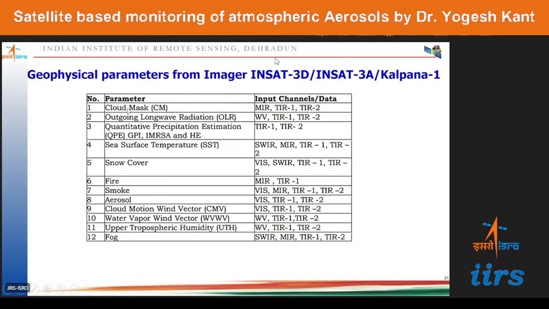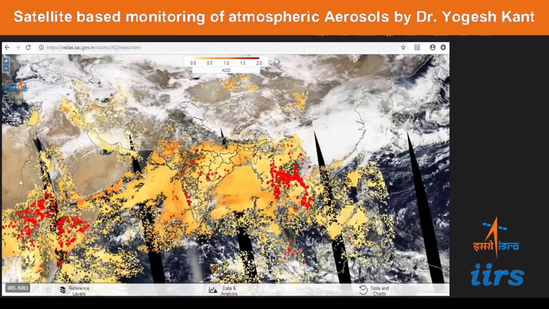So this is just a glimpse of how our INSAT 3D imager looks. The background is the true color image, and you see the white things. These are the clouds and the snow, and on that I have superimposed the fire points, the thermal anomalies, that is the hotspots, the higher temperature as compared to the background.